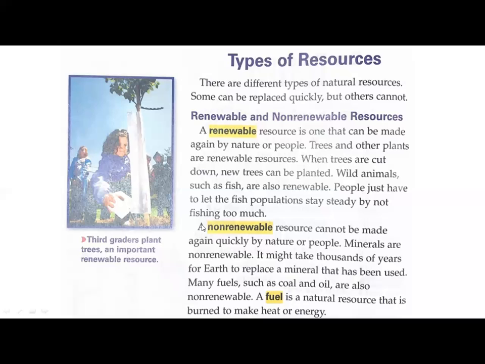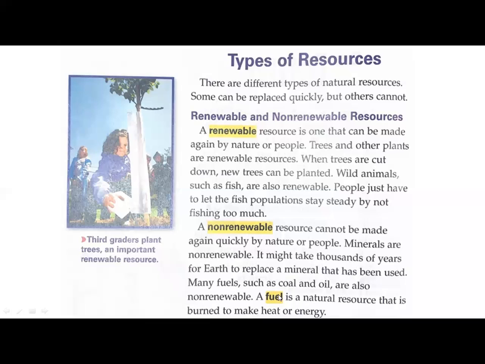Perfect. Let's look at the non-renewable resources. Well, non-renewable, non means cannot. So non-renewable resources cannot be made again quickly by nature or people. Minerals are non-renewable resources. It might take thousands of years for Earth to replace a mineral that has been used. Many fuels, such as coal and oil, are also non-renewable resources.